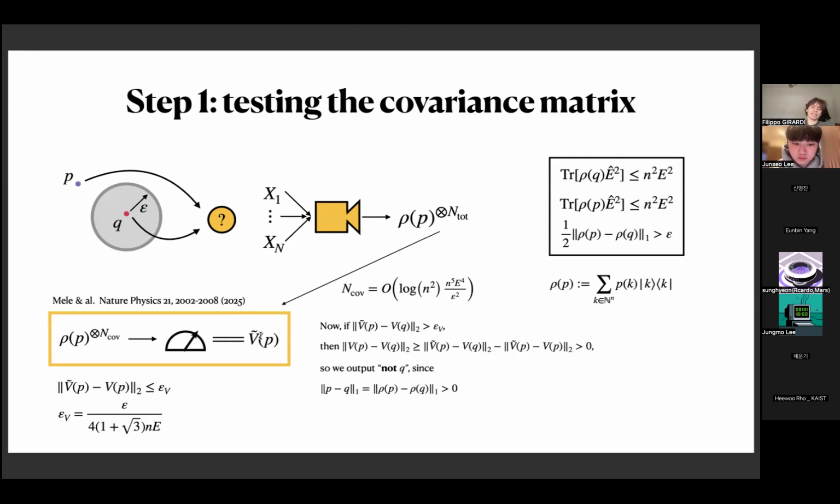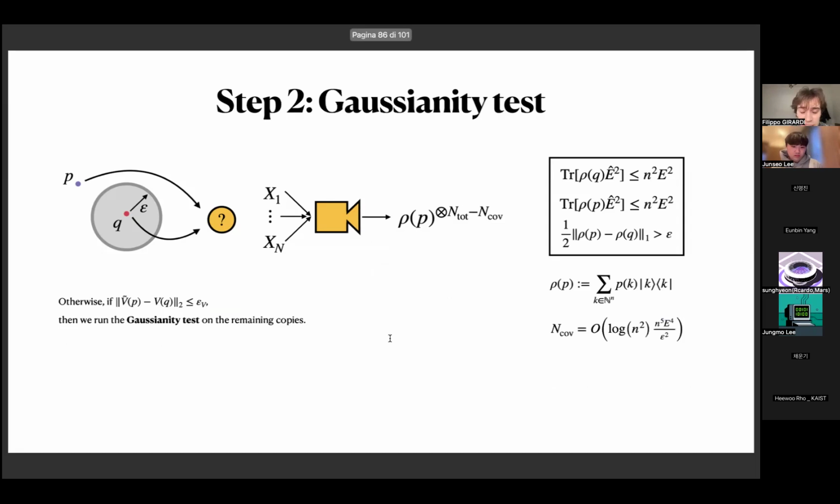So you say, okay, if the two covariance matrices are far from each other, then we say it cannot be Q. It must be something else that produced this state. And that's fine to reject Q. But if they are close, one could say, okay, they are close, so why can't we conclude that it's Q, right? Is this the question? Am I right? Yes, that's right. Okay, perfect.